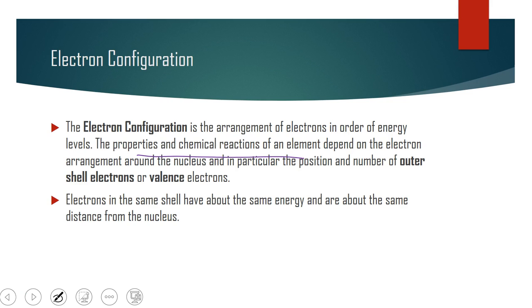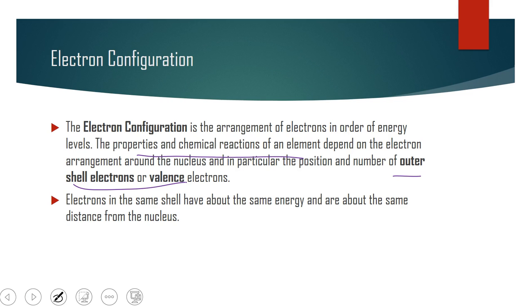In particular, what we're interested in is being able to determine the outer shell electrons or valence electrons, because this gives us a lot of information on how atoms will behave in terms of the type of bonding, ionic or covalent, that they will form, how many electrons they will take on to form negative ions, or how many electrons they will lose to form positive ions, therefore allowing us to work out what charge they will have in ionic substances as well.